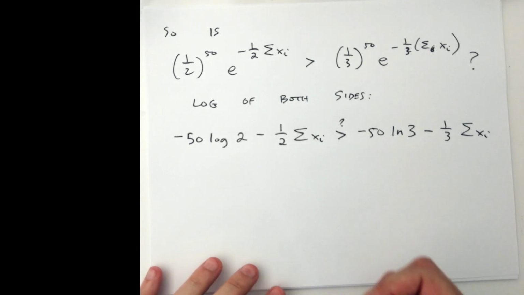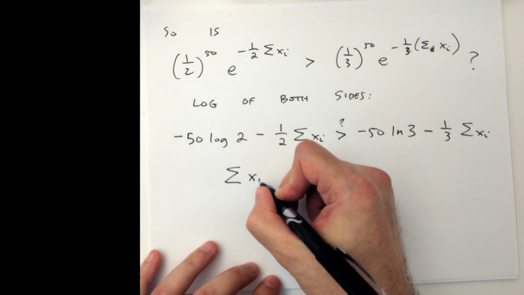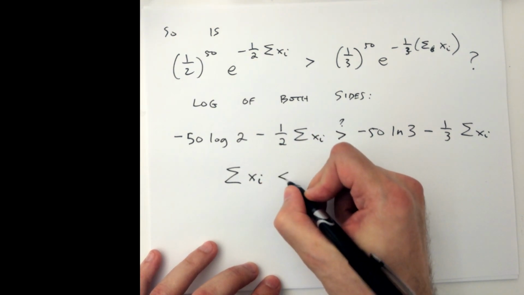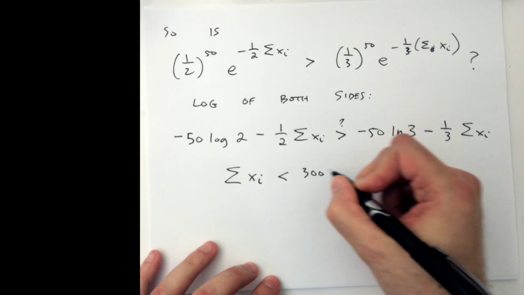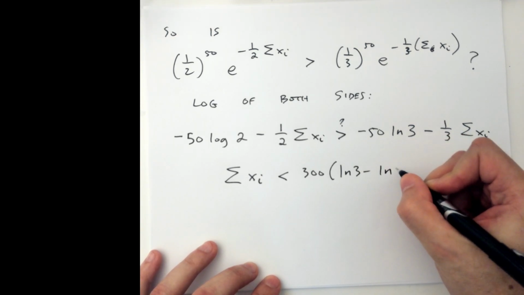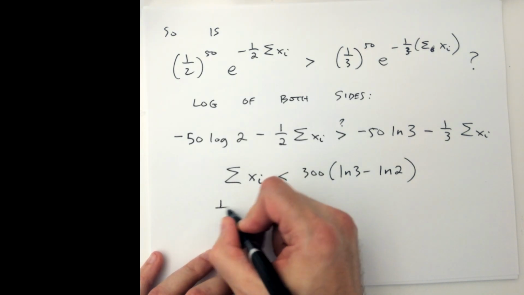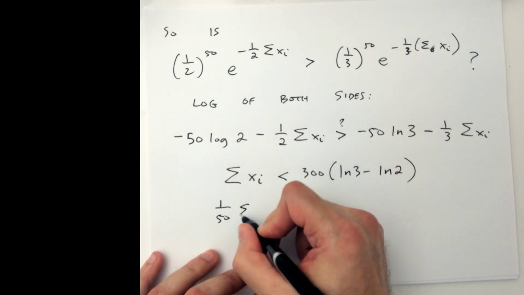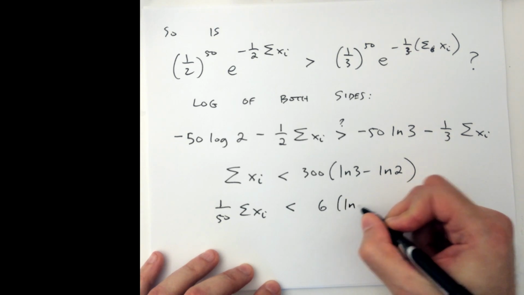Moving stuff around, this is like saying, is the sum of the x's less than, I'm just going to do some quick math, 300 times log 3 minus log 2. Or a different way of thinking about this is, is the mean of the x's less than 6 times this number?